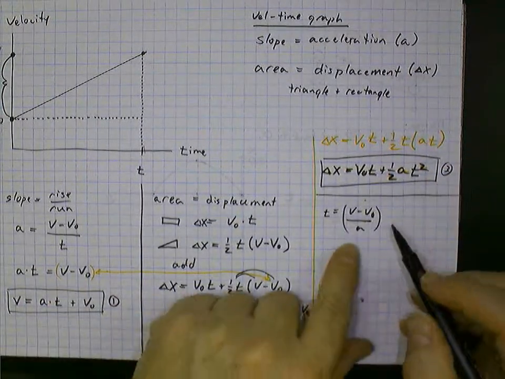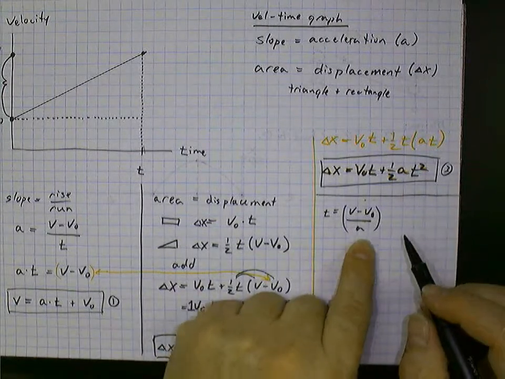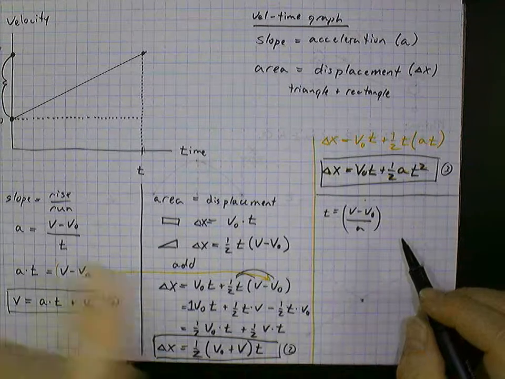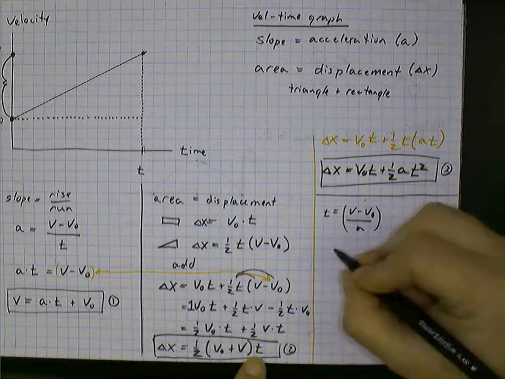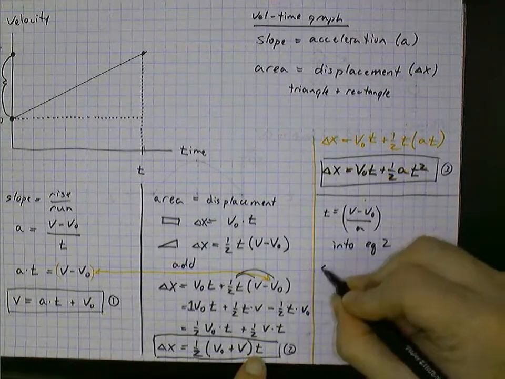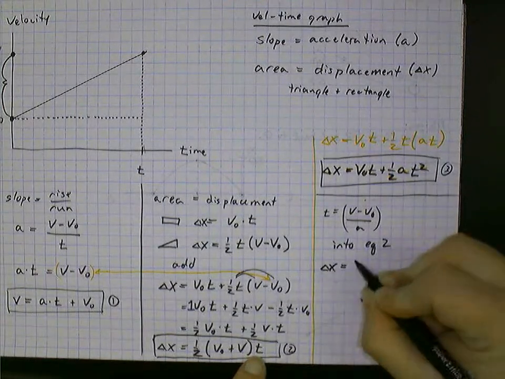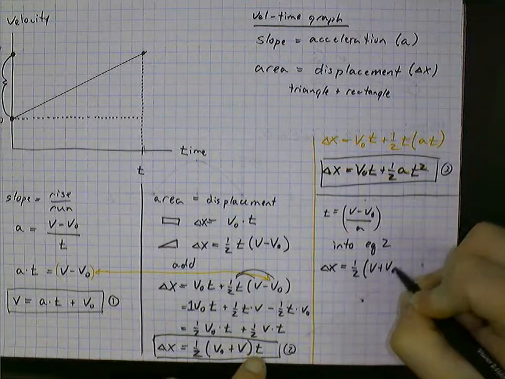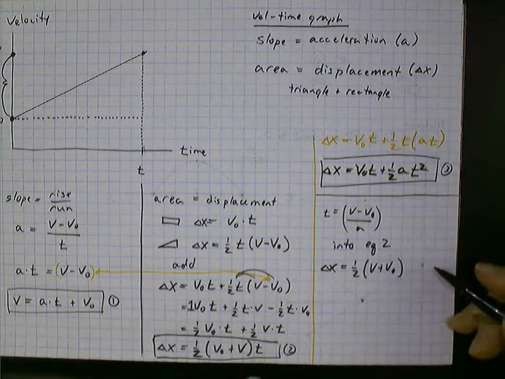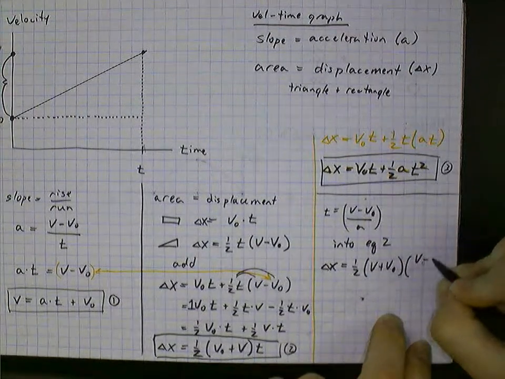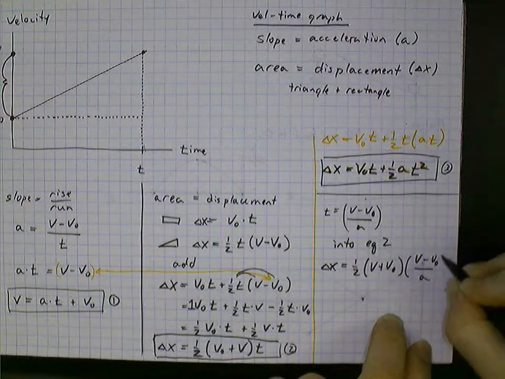And then taking that value for t and plugging it down here in equation number 2. So delta x equals 1/2 v plus v initial. I can switch addition that way. Times t, which would be v minus v initial over a.